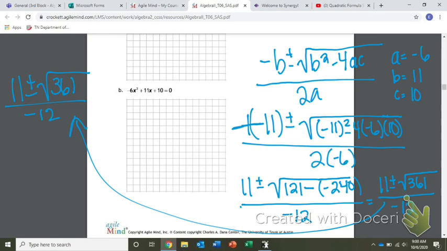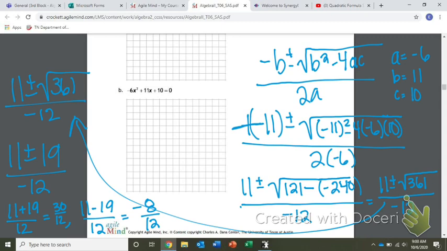I believe the square root of 361 is 19. Yes, it is. 11 plus or minus 19 over negative 12. Now, all I'm doing, guys, is I'm breaking it up. So I'm simply saying 11 plus 19 over negative 12 and 11 minus 19 over negative 12. That is 30 over negative 12, and this is negative 8 over negative 12.